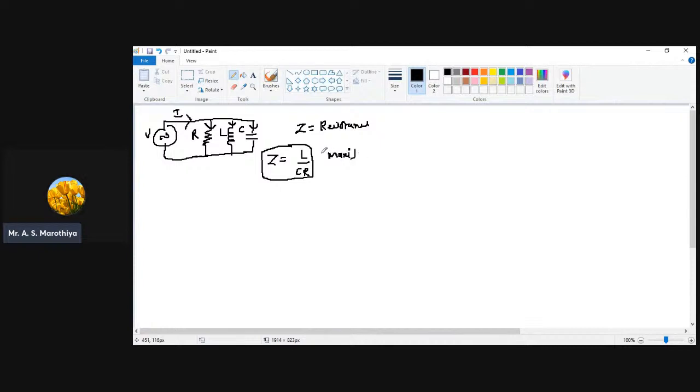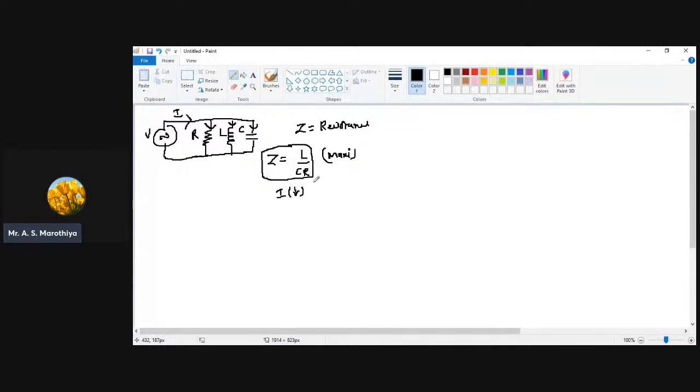This is very important. In case of series resonance, the impedance is at the minimum possible value. But in this case, the impedance is at the highest possible value. Because the impedance is at the highest possible value, the current available in the circuit during parallel resonance is going to be at the minimum possible value. This is very important. There has to be exactly the opposite relation.